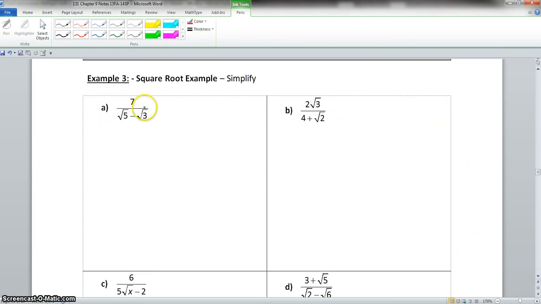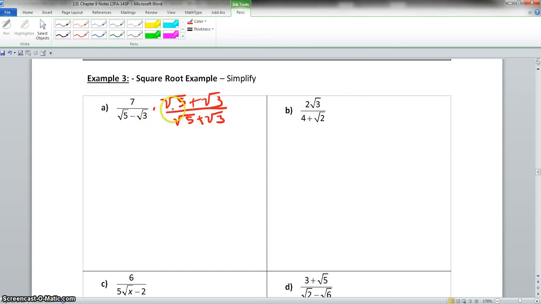Now, we have the square root example. We want to simplify. We can only simplify by multiplying by the conjugate. So the conjugate would be square root of 5 plus the square root of 3. And we'll multiply that by our numerator and denominator. Our denominator, when you multiply the conjugates, we are going to do it first using the FOIL method.